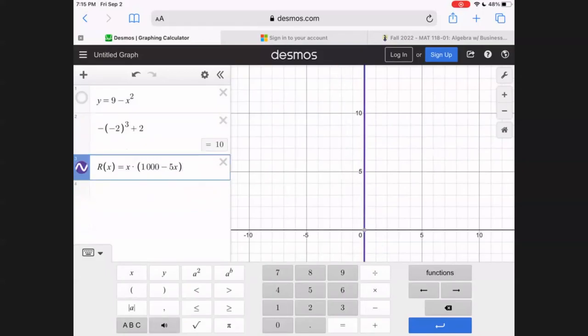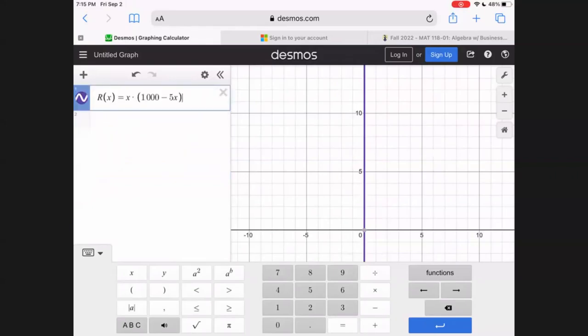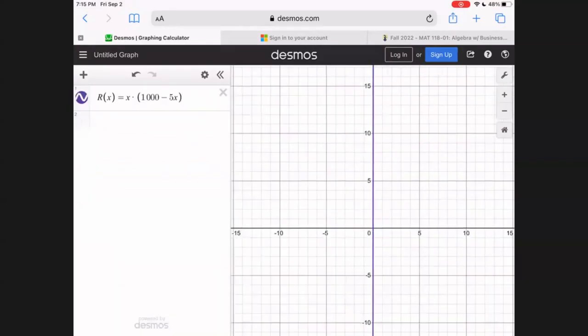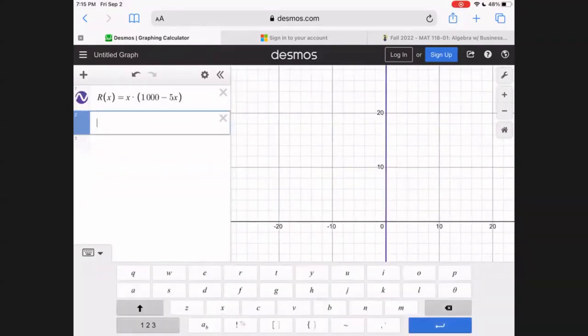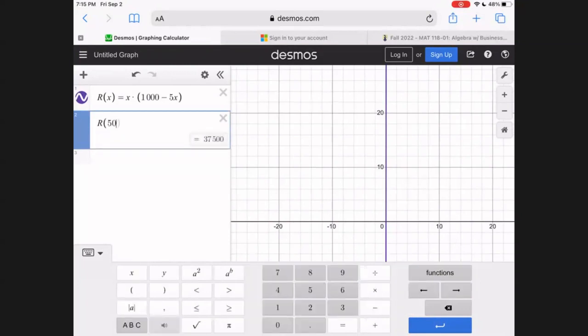So I'm going to get rid of these other ones here. So this is your revenue. It's hard to see this, so you could modify the window if you wanted to. Or if you wrote it like this, the next one we can just say, I want the revenue at 50. I get 37,500.